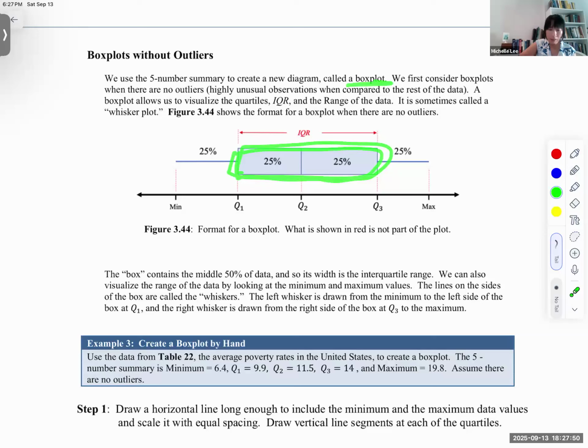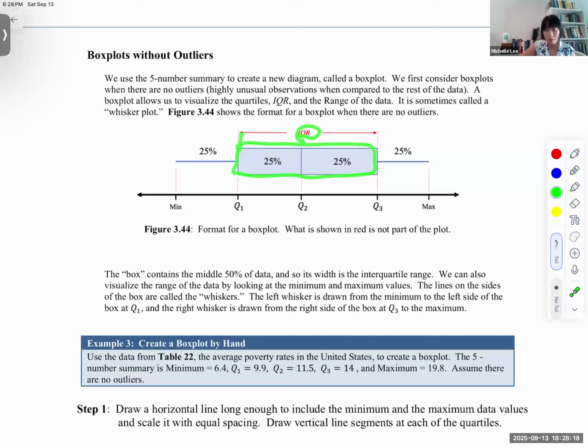And then what are outliers? An outlier is a highly unusual observation when compared to the other data set. Let me highlight it. Now we call this box the IQR, interquartile range.